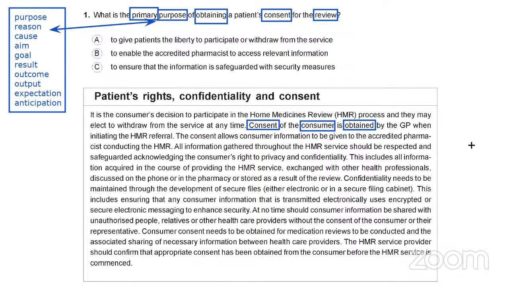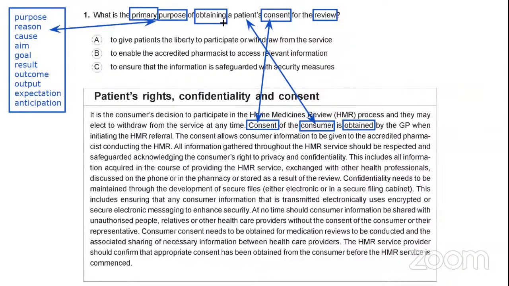Now, if you see this very carefully, you'll come to the point. Okay. Consent. Consumer is the patient here. Obtained means taken.